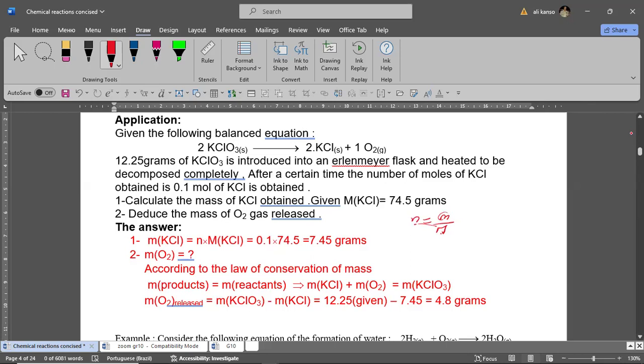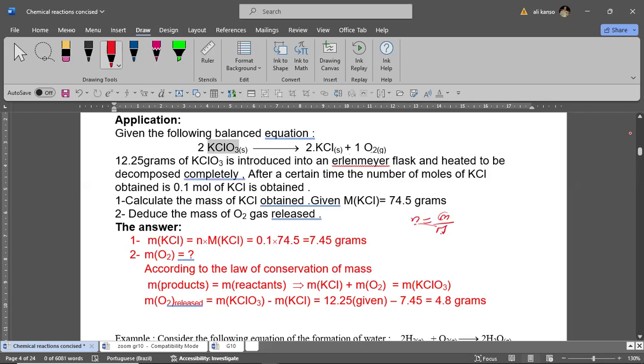Question: deduce the mass of oxygen gas released according to the law of conservation of mass. As we said in the last law, mass of products equals mass of reactants. Mass of KCl plus mass of O2 should be equal to the mass of KClO3.